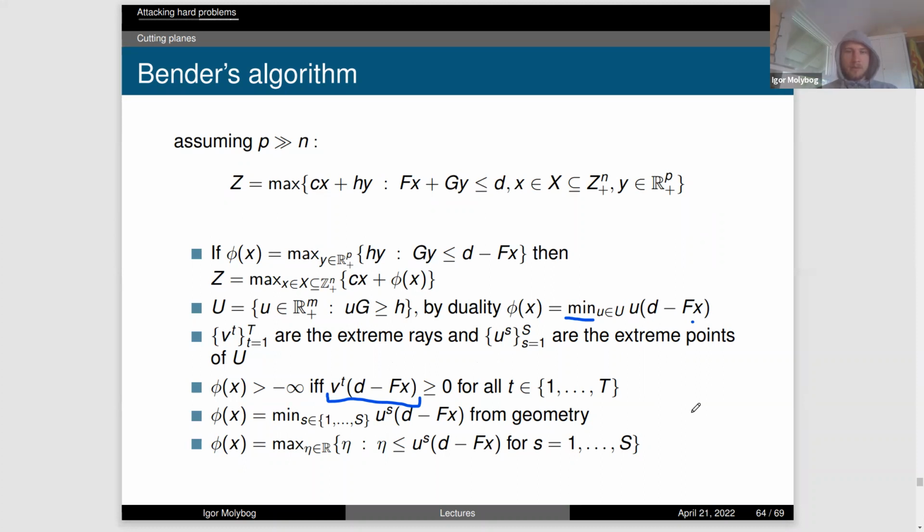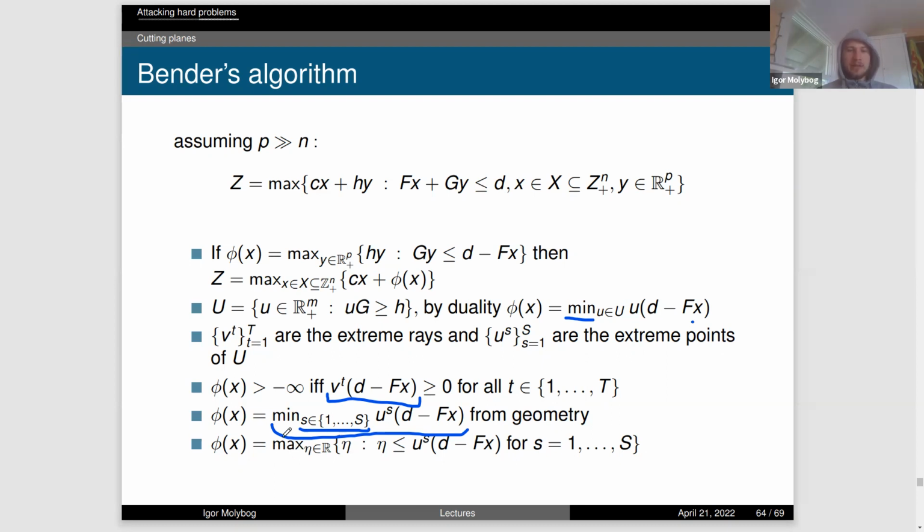Okay, cool. Now back to the extreme points. So we have this minimization over a finite set, and instead of minimization over a finite set, we can use a trick very similar to the one we used when we were considering max-min problems.